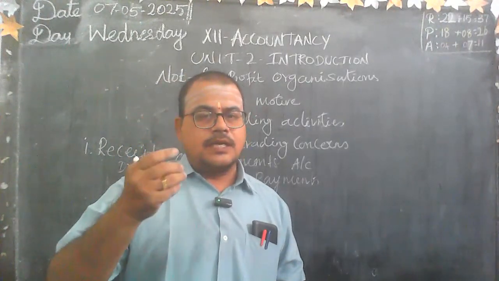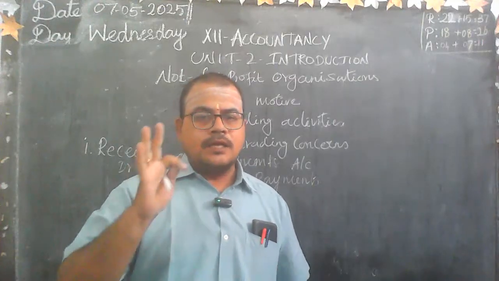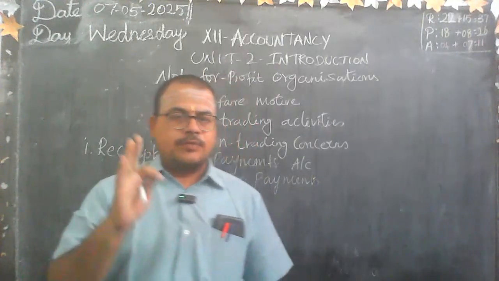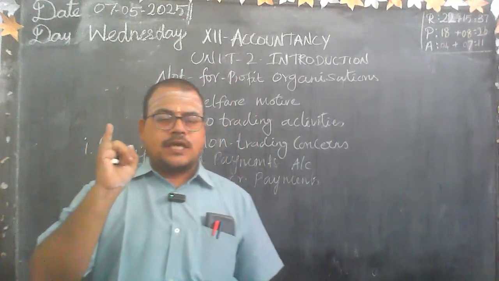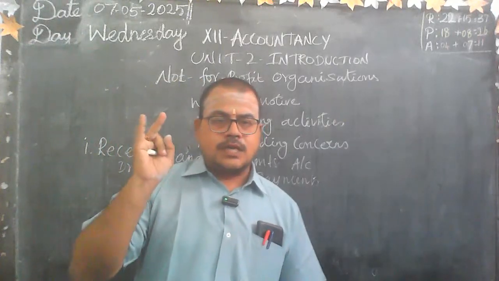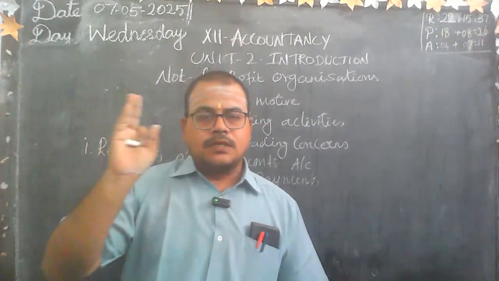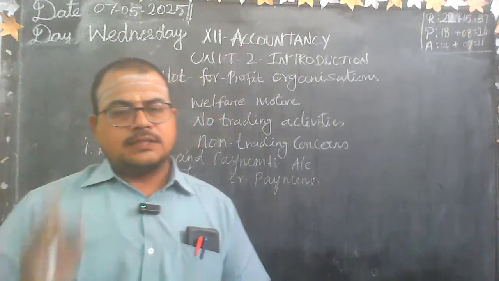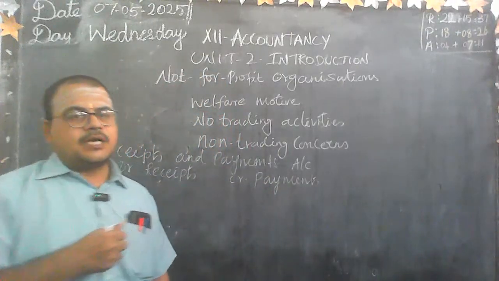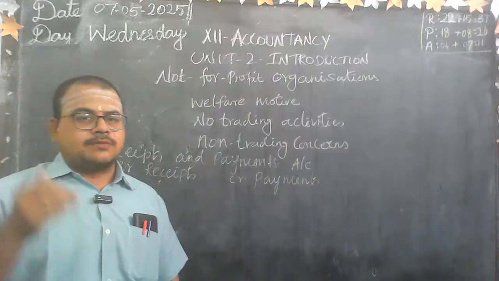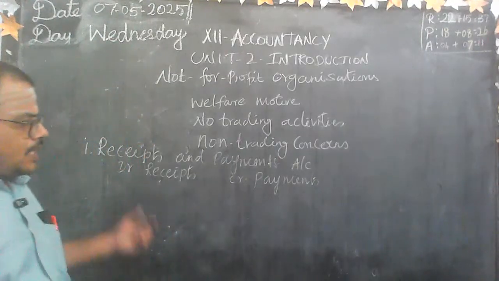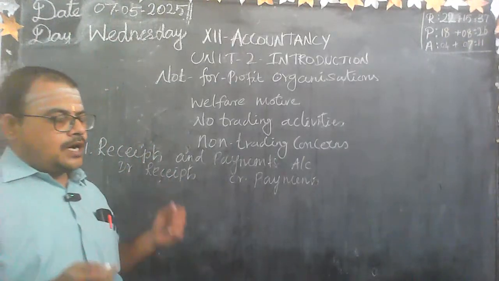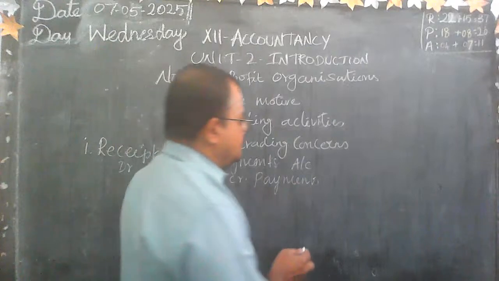We have already seen in the 11th standard that there are three bases to prepare an account: one is cash basis, another is accrual basis, and the third is mercantile hybrid basis. So the receipts and payments account is prepared on the cash basis, and non-cash items should not be recorded.